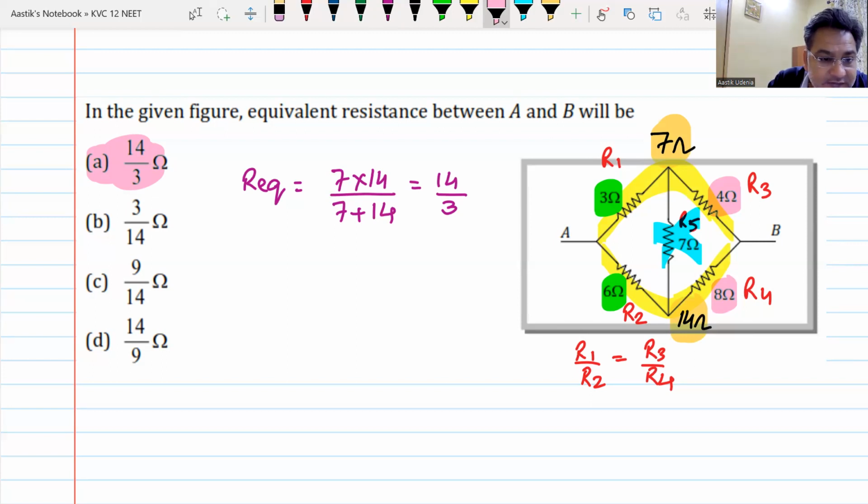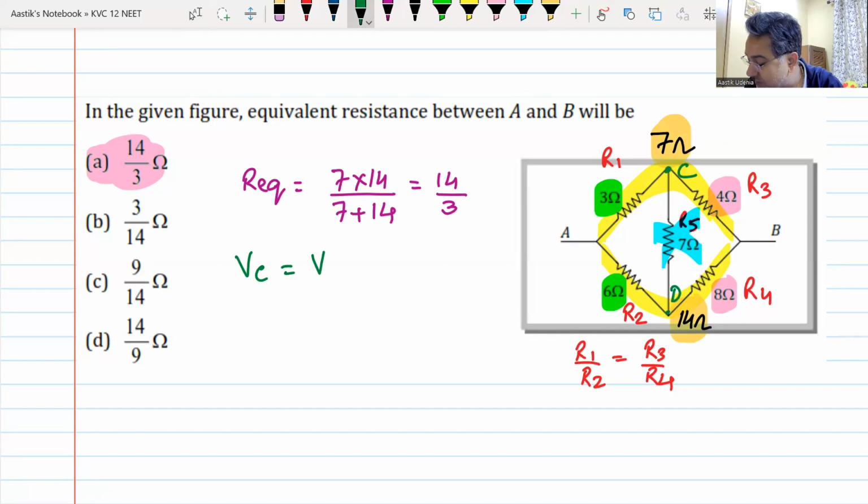In the condition of a balanced Wheatstone bridge, if I call this point C and this point D, the potential of C becomes equal to the potential of D. Do you remember this? And no current flows in this branch. Do we remember this?